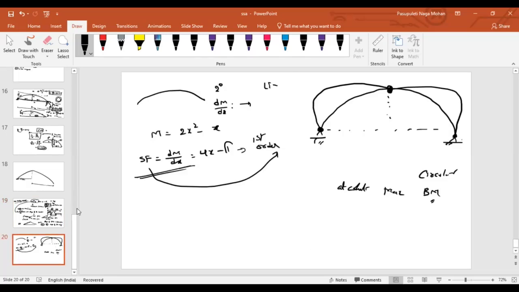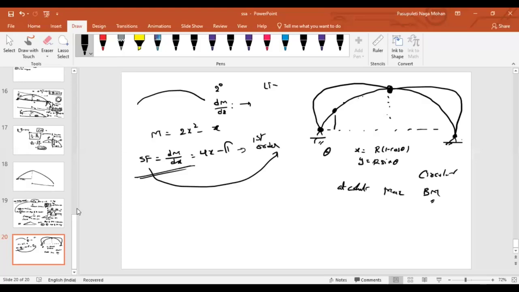Now, if it is a circular arch, the representation of a point on the circle will be easier with respect to theta. If you remember, in previous classes we saw x equals r into (1 minus cos theta) and y equals r sin theta.